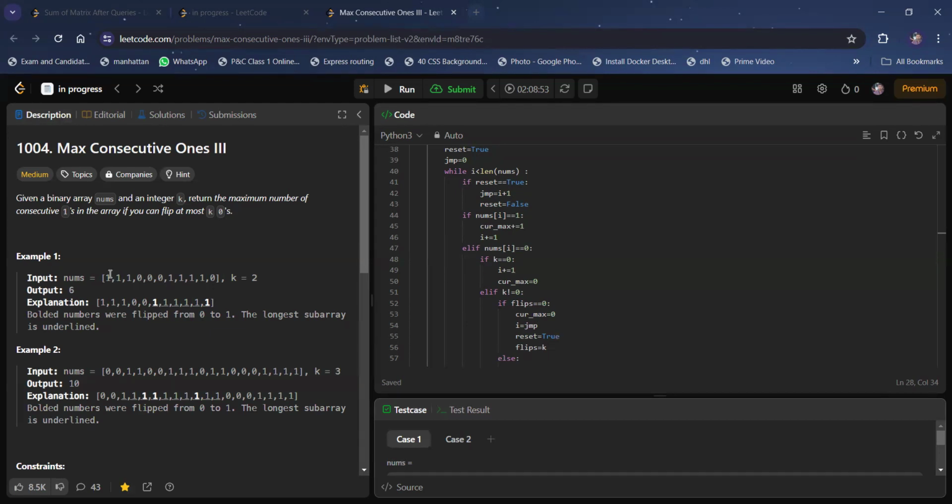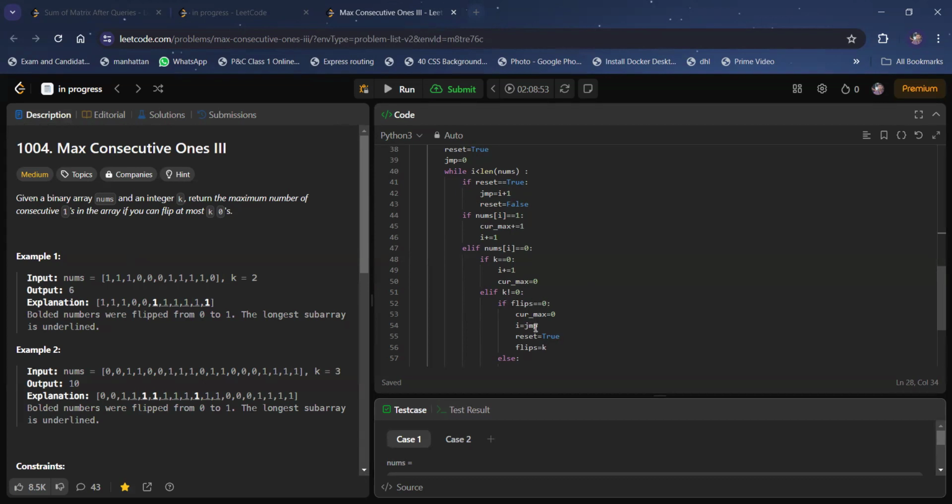So basically that means once I have scanned and the number of zeros has already exceeded k, in that case I have to again start from the I plus 1th element. That is the reason I am setting jump to be I plus 1, when the number of flips has already equaled k, that means flips has become 0.